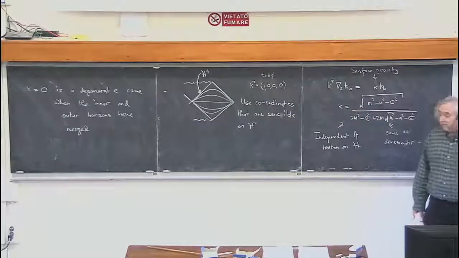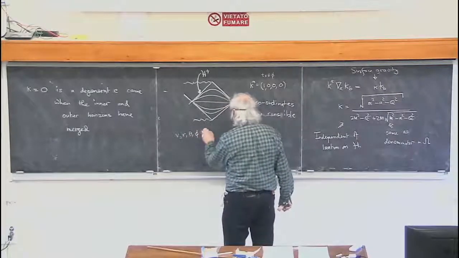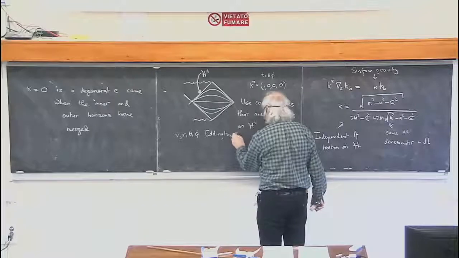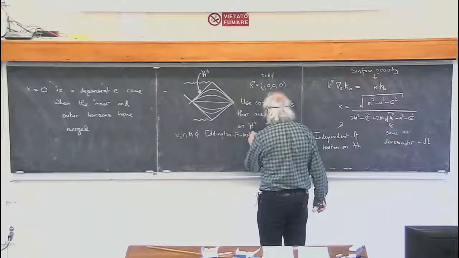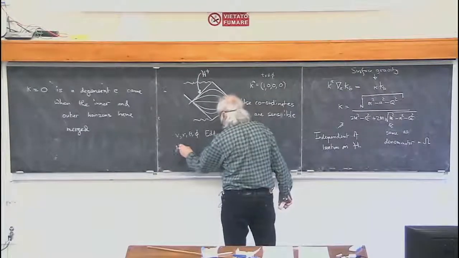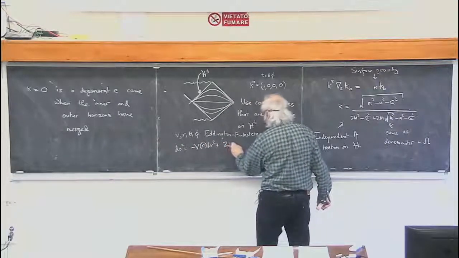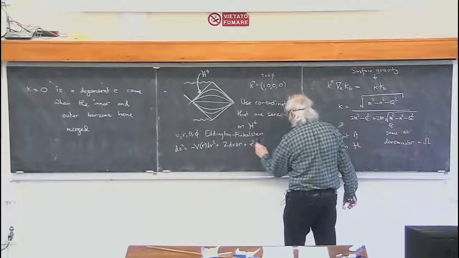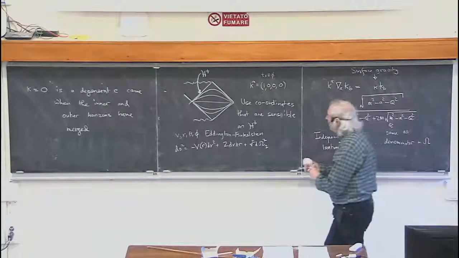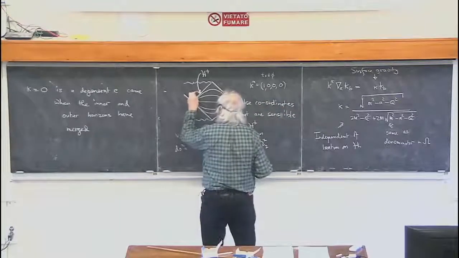Those would correspond to the Eddington-Finkelstein coordinates v, r, theta, phi. The metric in those coordinates is ds squared equals minus V(r) dv squared plus 2 dv dr plus r squared d omega squared, and v is a coordinate which goes up the horizon and looks something like this. v goes up in that direction.